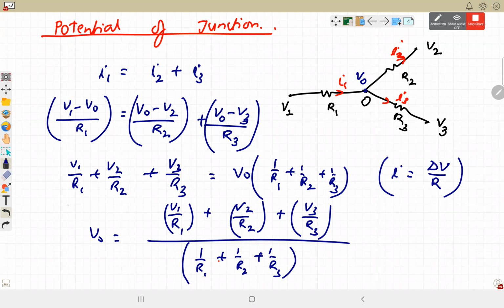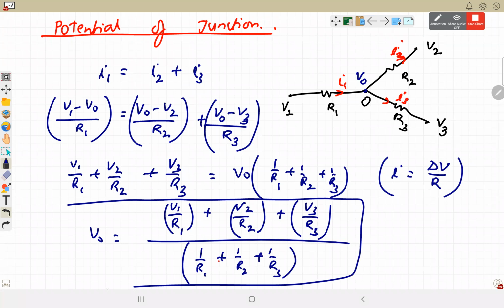You don't need to learn this formula, but you need to learn this method of how we find the potential of the junction. Once we have the potential of the junction, we can calculate the current in any of the resistors R1, R2 and R3 by using this method.